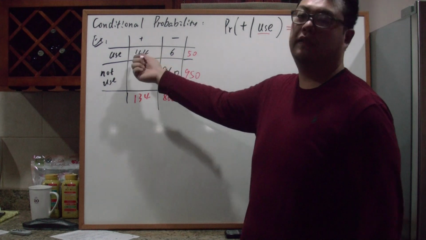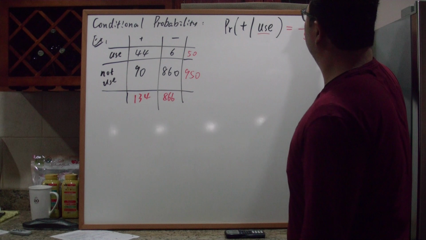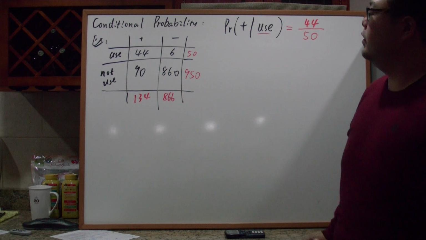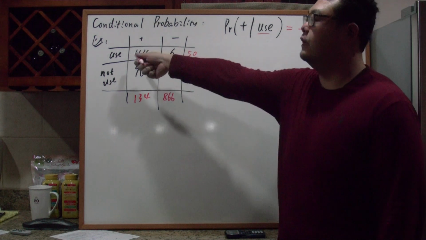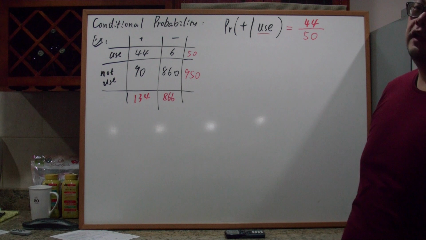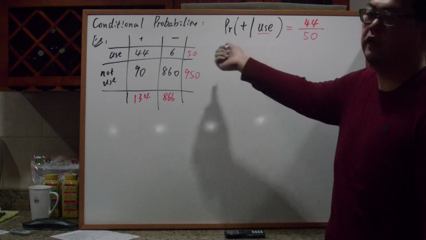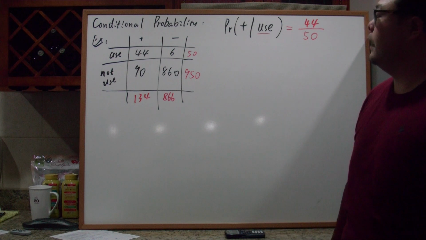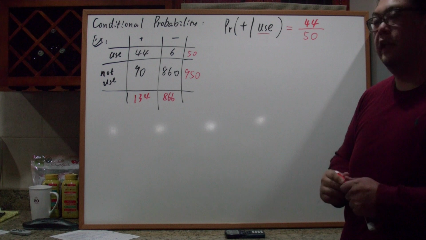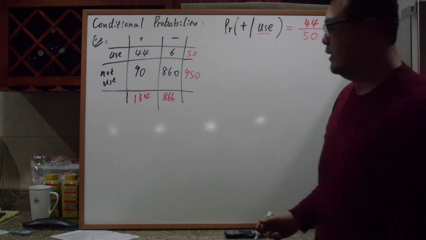Out of that, 44 of them have positive results. So the row here is the 50 who use drugs and 44 have positive results. So positive given uses drug, focusing on the row of 50 who use drugs. That's what we had just a couple minutes ago, right, of the probability.